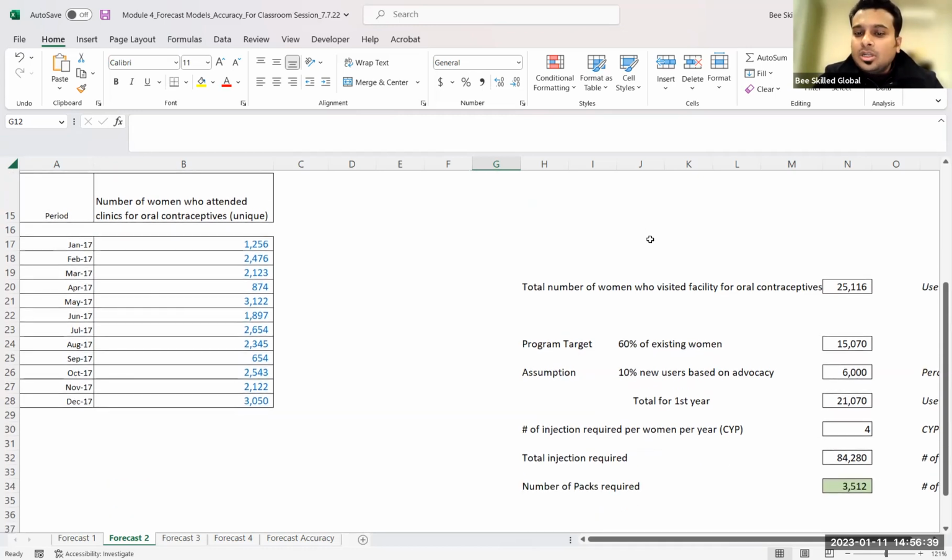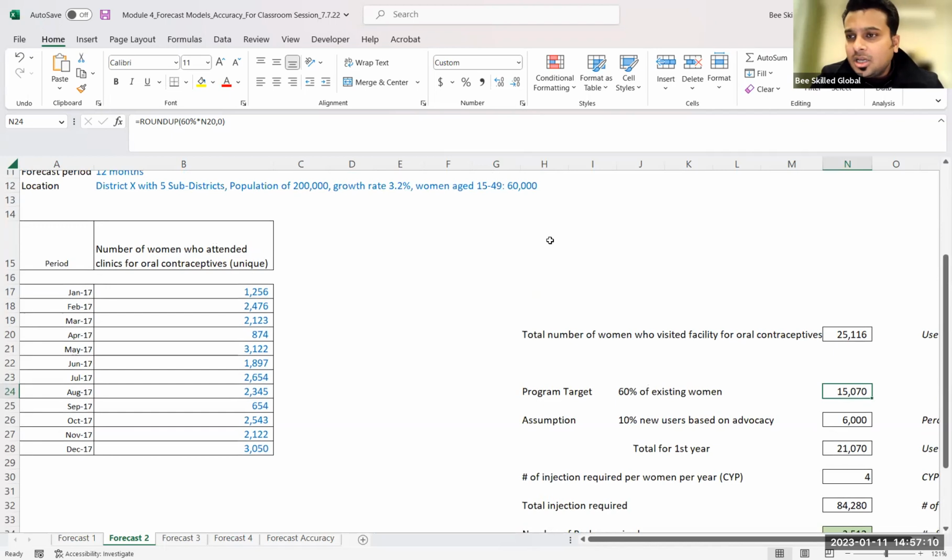Okay. So the program target says that women who are existing users of oral contraceptives, 60% of them should be transitioned to injectable. Okay. So at minimum, 15,000 women, which is 60% of 25,000, will have to be given medroxyprogesterone. Now, since there are 60,000 people in District X, some other women may also choose to directly take up injectable.